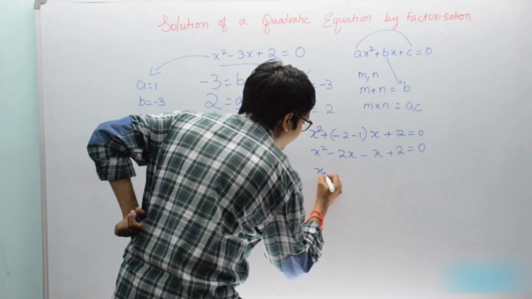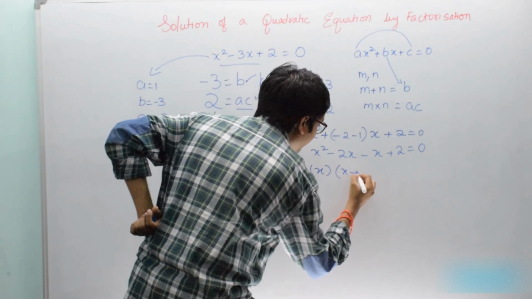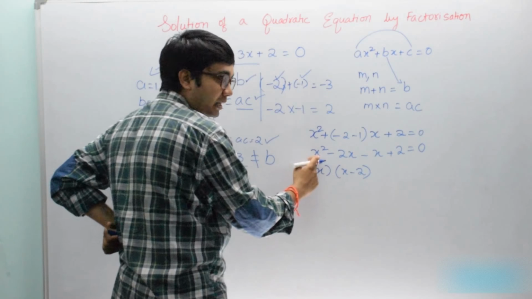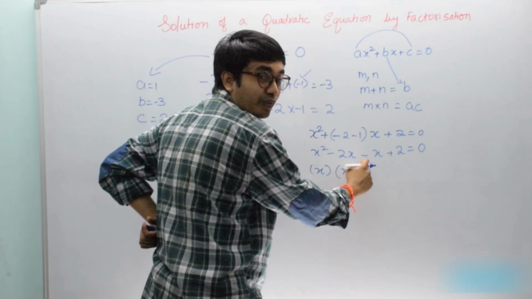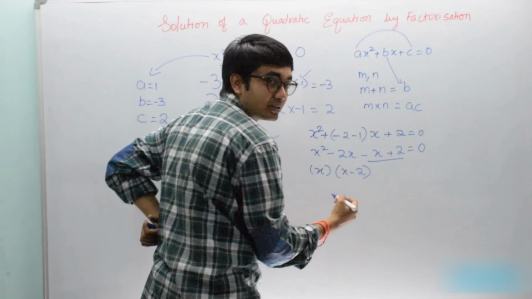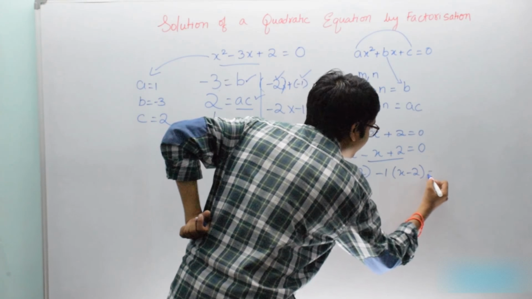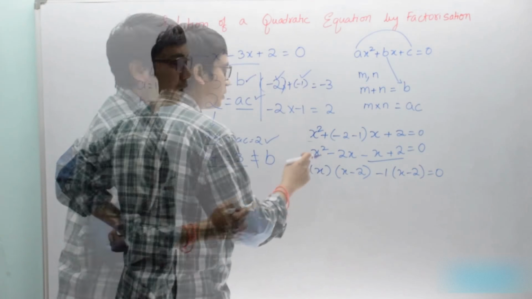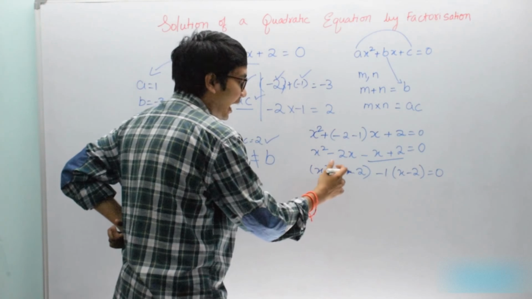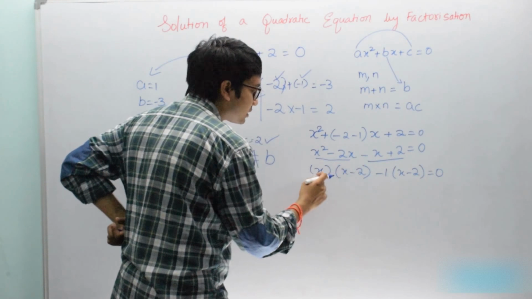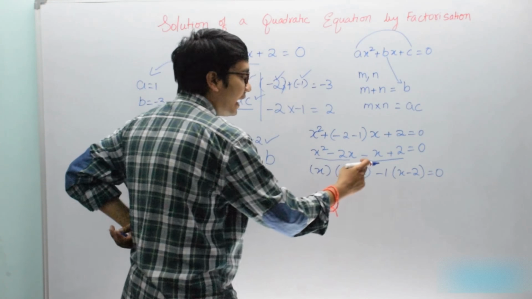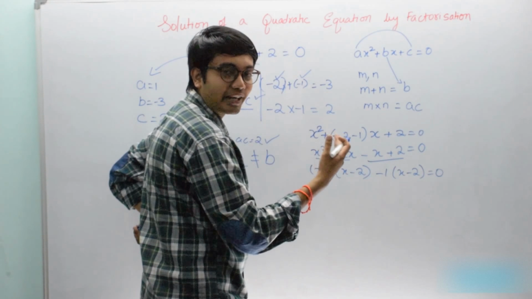Now I'll write x into x minus 2. I took x common here. If I take minus 1 common here for these two numbers, I'll have minus 1 into x minus 2, which is equal to 0. So what I did here, I took x common for these two numbers. I write x into x minus 2, and regarding these two numbers, I took minus 1 common.